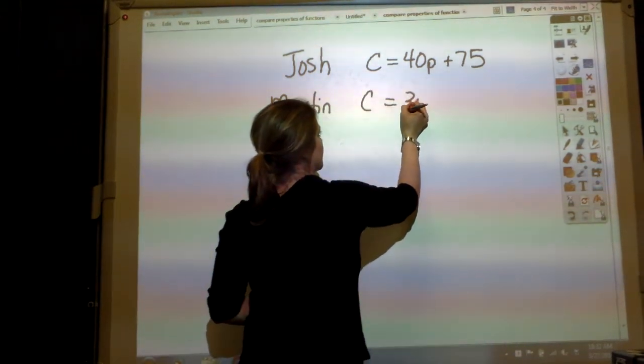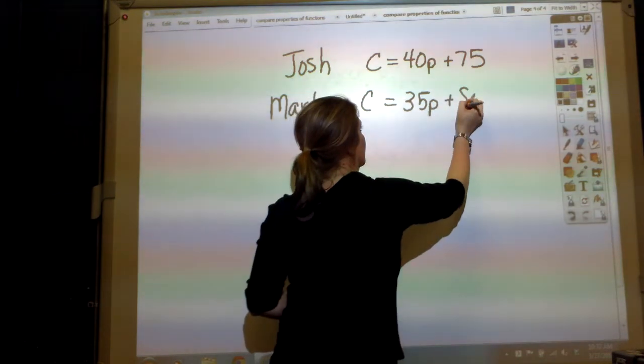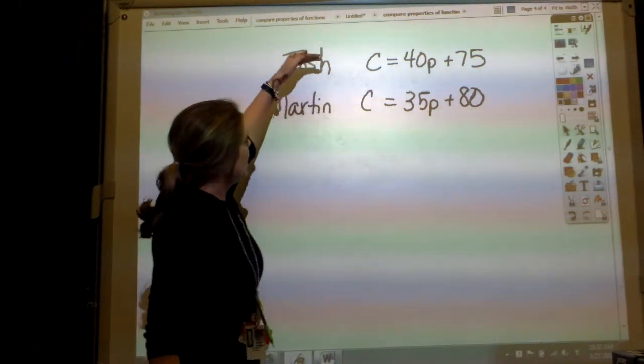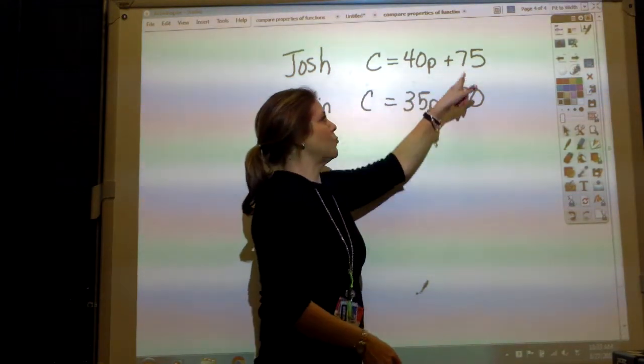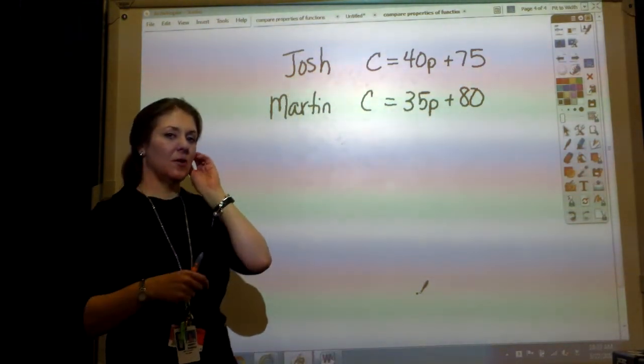And here they are side by side. So Josh is making more per painting, however, his y-intercept is a little lower.